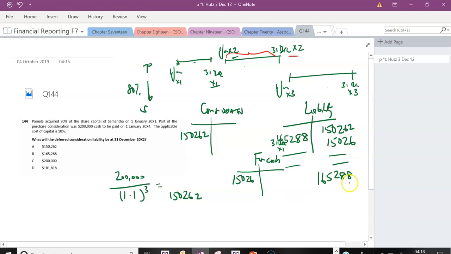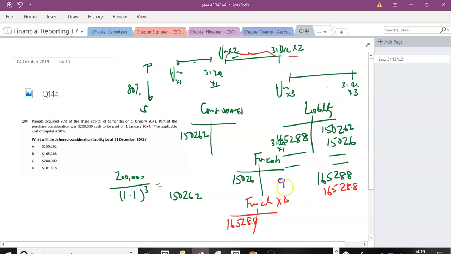We owe 165,288, so we calculate our finance costs, if you like, as 10% of this again. So our finance costs for X2, this was X1, X2 is 16,528.8, if you like. It's our finance cost.